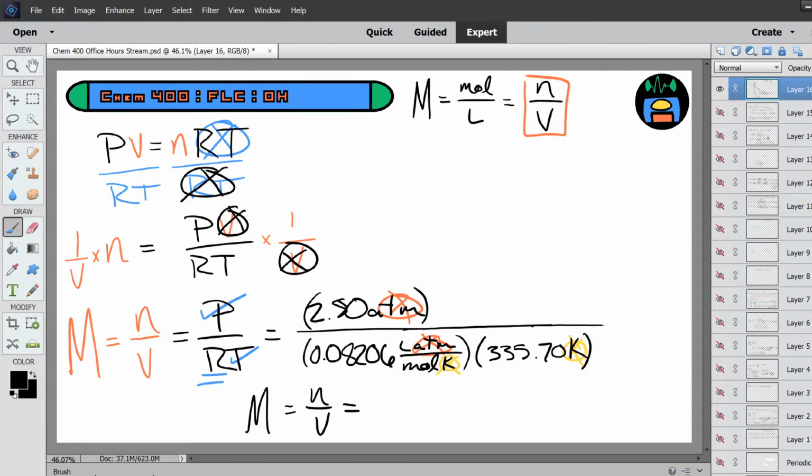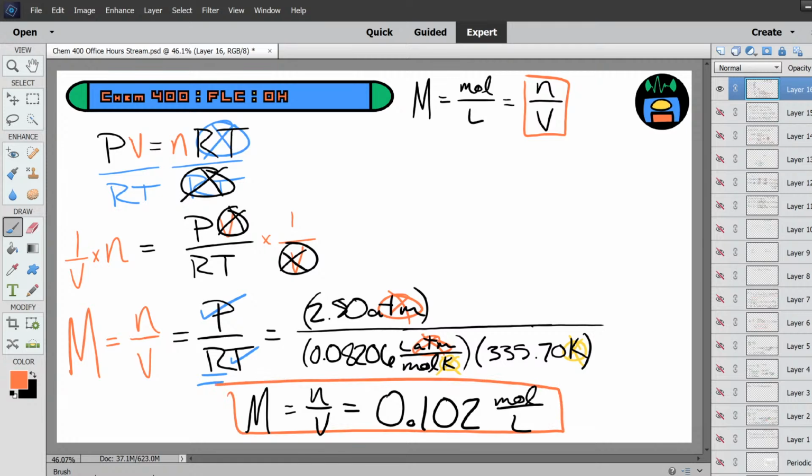Moles over liters is equal to 0.102 moles per liter. So, Angelina, that would be an example of I only give you 3 variables, but technically it's the first instance, right? Because you use another equation, the equation for molarity, to come in with a little bit of extra information, shine a light on the problem, and get to an answer.